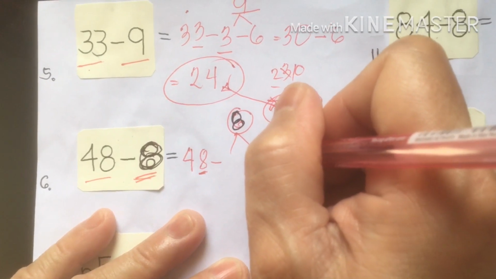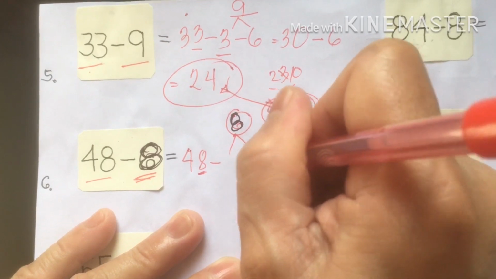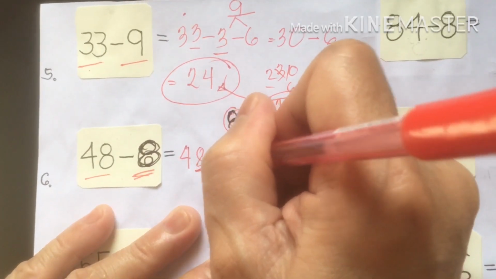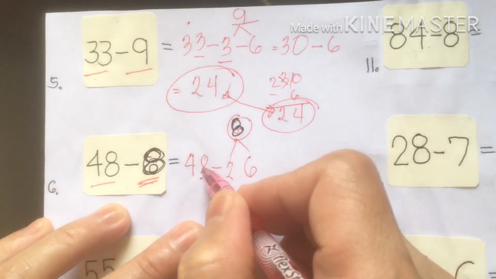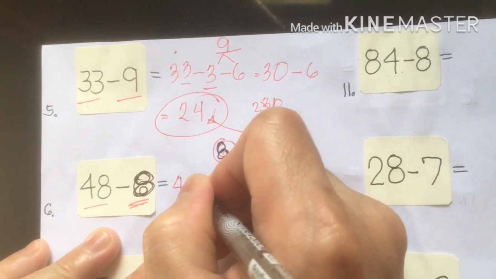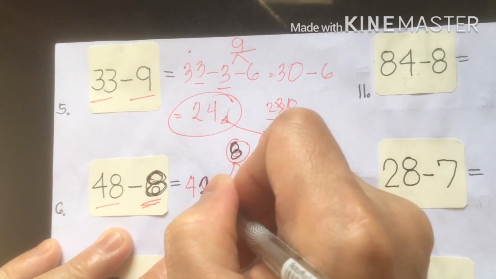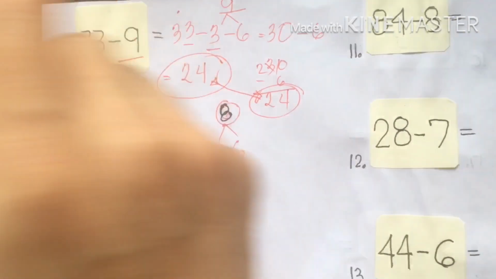So we have here 6 and 2, and then we change 8 also to 2. Okay, this is a common error, sorry for that.